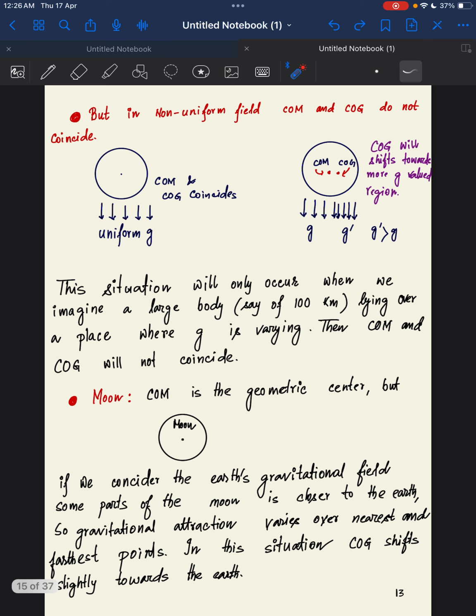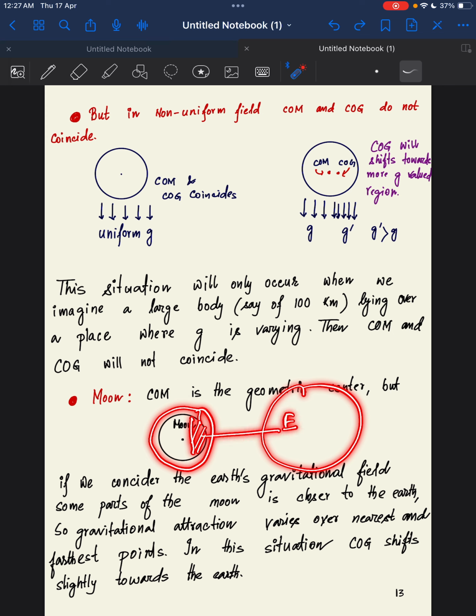So another example is the moon. Let's say the center of mass is the geometric center of the moon. It will be exactly in the center, so that will not change. But if we consider the earth's gravitational field, some parts of the moon are closer to the earth. Let's say we have the moon here and we have the earth here. So this part is very close to the earth. So earth will pull this part with more force than this part.